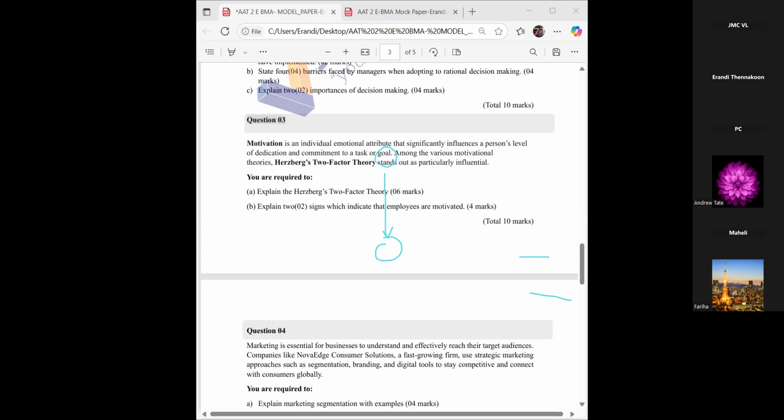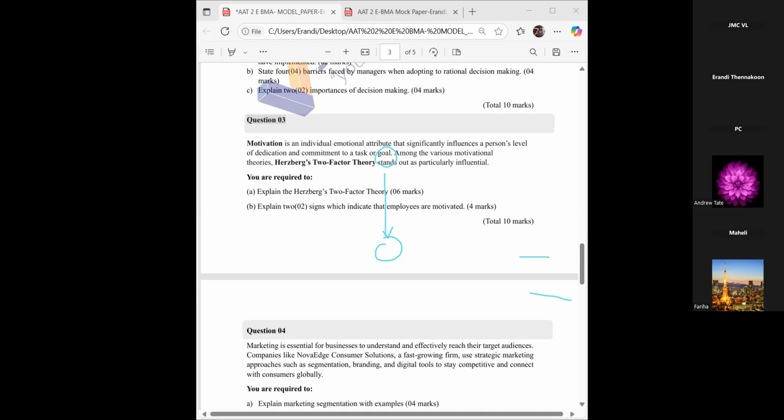So when it comes to motivational theories, we have identified there are two types. One is content theory, and the other is process theory. Content theories are about before we start our jobs, right? Process theories mean when we are working, how we are going to motivate our employees.